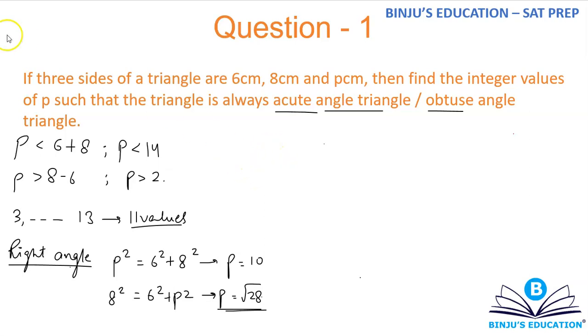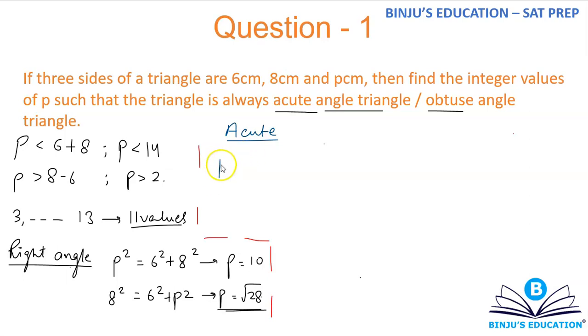Alright, now let's talk about acute and obtuse. We're going to solve for the acute part first. For an acute angle triangle, I told you that the square of any side is always less than the sum of the squares of the remaining two sides, right?